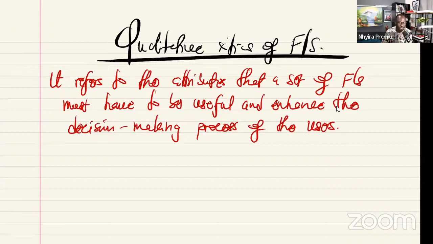That is what we mean by qualitative characteristics of the financial statements. The attributes, the qualities, the distinctive nature that the financial statements must have in order for the users to be able to use it.